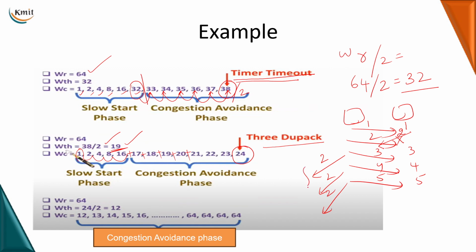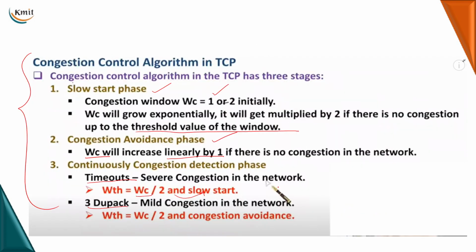The sender will now understand that there was congestion and the segment was lost. So it will do retransmission. But before doing the retransmission, it is going to again reduce the threshold value by 2 in case of 3 duplicate acknowledgements, which is a sign of mild congestion in the network.